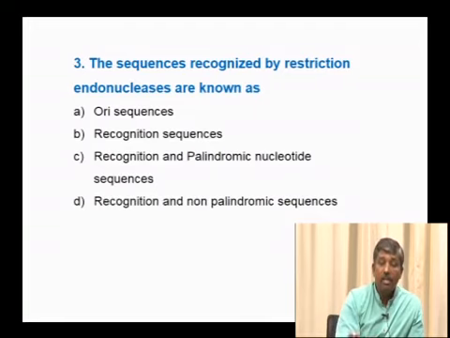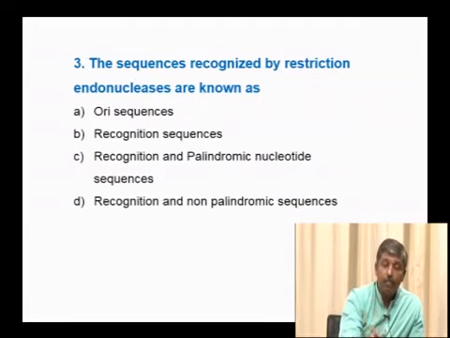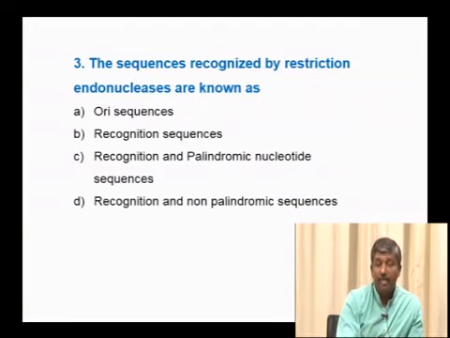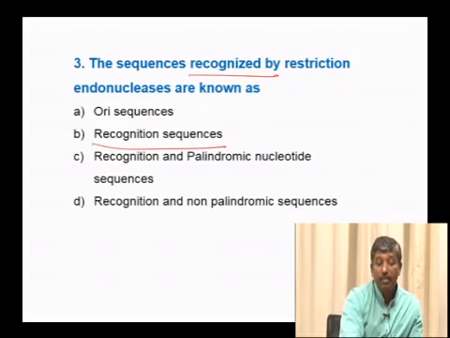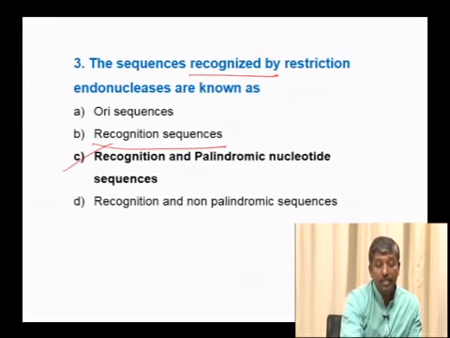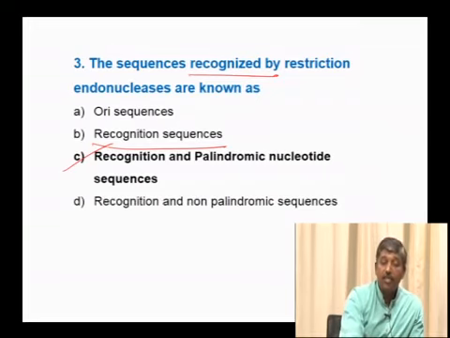The recognition sequence is the site at which the enzyme binds and recognizes the DNA to be cut, and it may cut slightly away from these recognition sequences. So it recognizes both the recognition sequence as well as palindromic sequences, but in palindromic sequences, recognition and restriction sites are both the same.